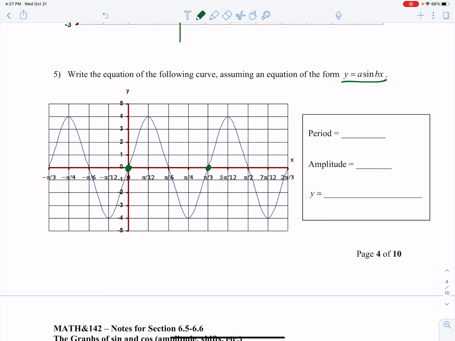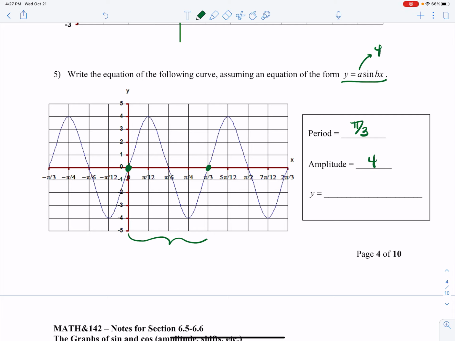Looking at this, the period of this graph appears to be pi over 3 because it repeats itself after pi over 3 units. The amplitude, remember, is the distance between the center and one of the high points, and that looks like 4 here. So we already know that A is 4. Now you don't rush to say B is pi over 3. That's not correct.